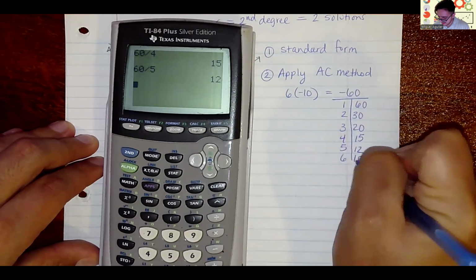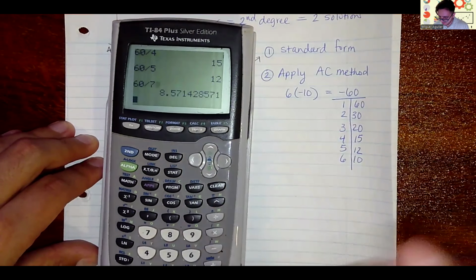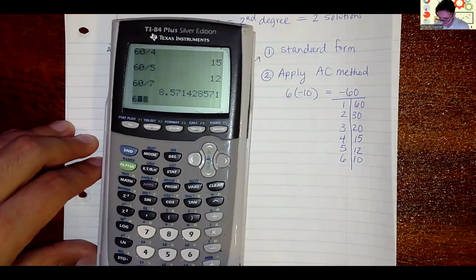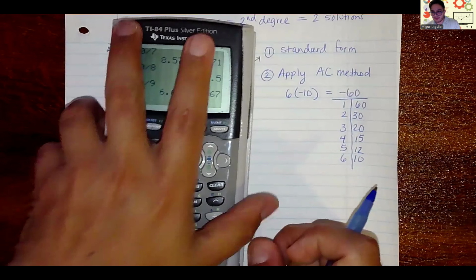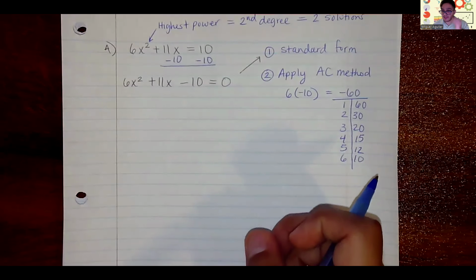That's going to be 6 and 10. I don't think 7 will work, but we'll just be thorough. 7 didn't work. And I'm pretty sure that 8 won't work. 60 divided by 8. 60 divided by 9. And then we're back at 10. So we have everything we need here as far as our factors are concerned.